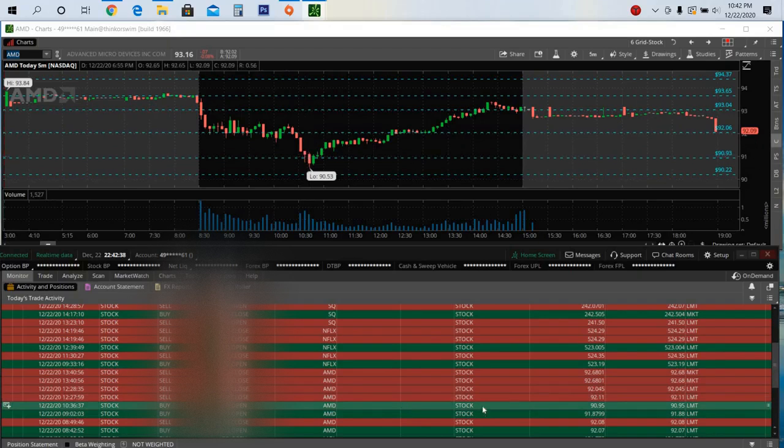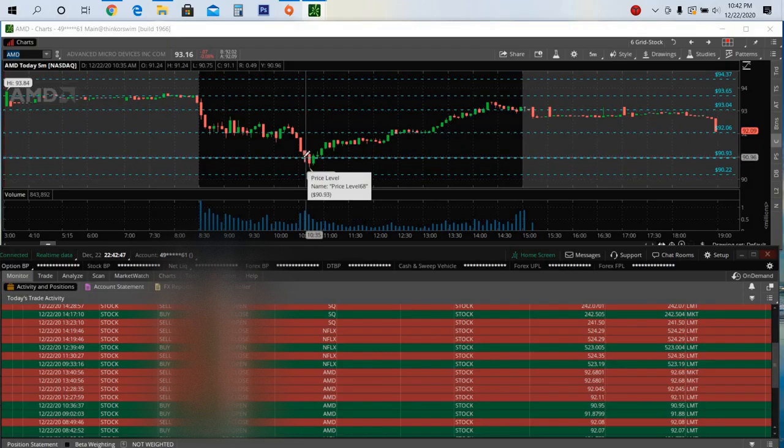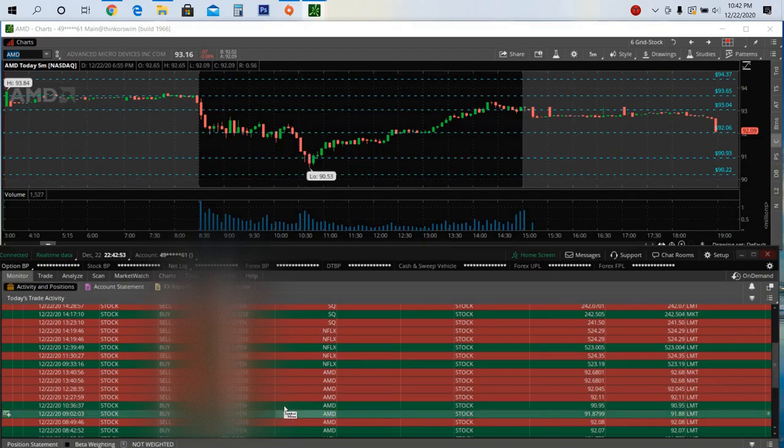At that point I added more at 10:36, which is around here. So it was just above this line here. So I held on to that, and I think I closed one of those positions at 12:27, which is around here, on this candle.